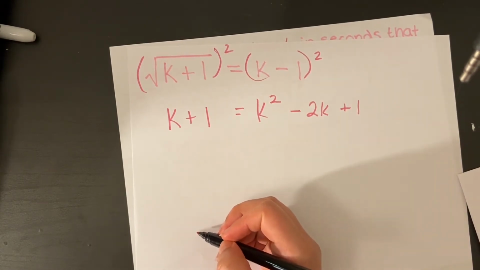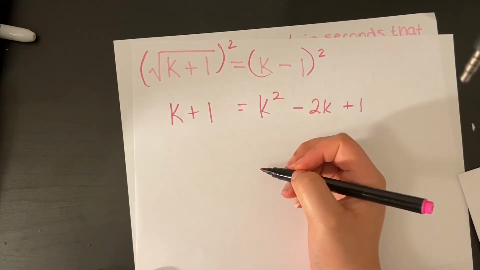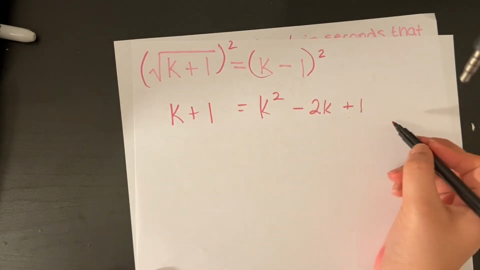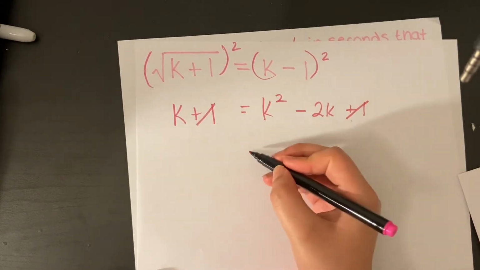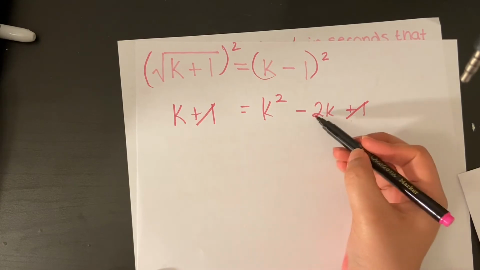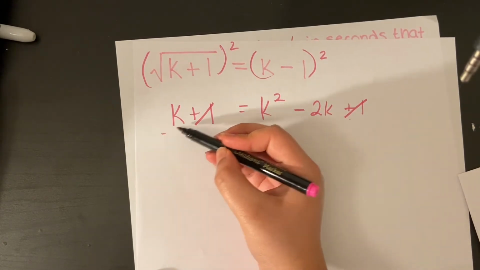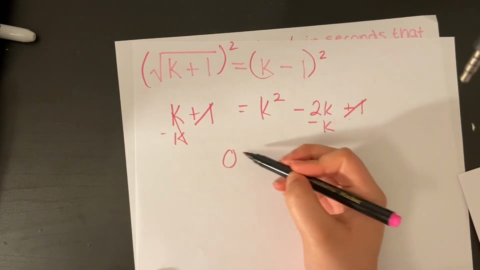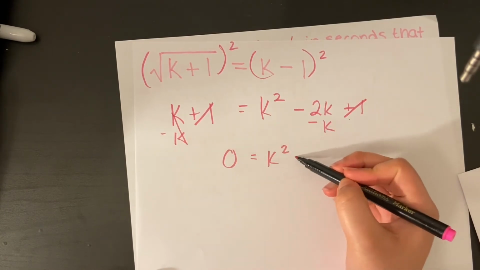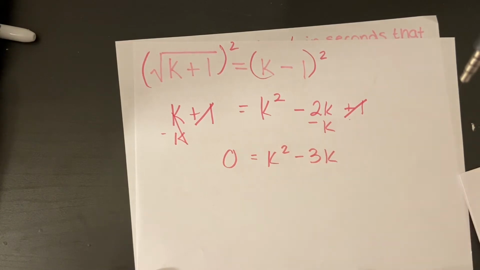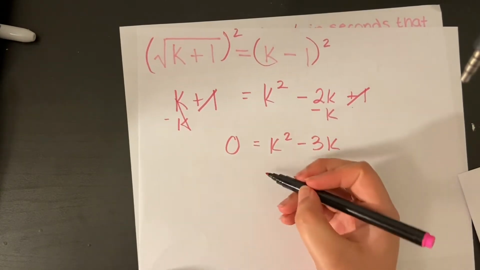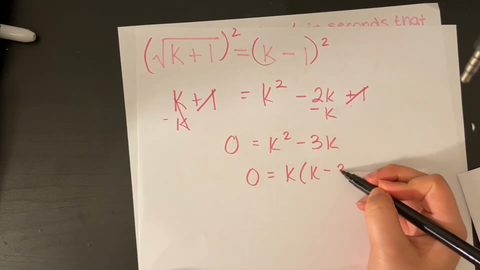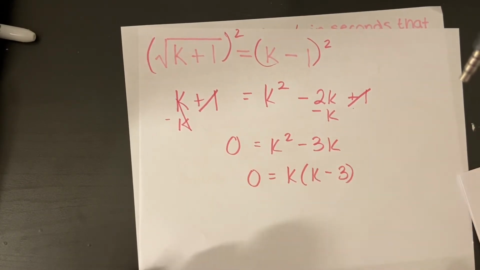Now, if we were to solve normally, there's a plus 1 and a plus 1, so we can eliminate that. Then if we subtracted k on both sides, it would be 0 equals k squared minus 3k. If we factor this out, it would be 0 equals k times k minus 3, which means there would be 2 solutions.